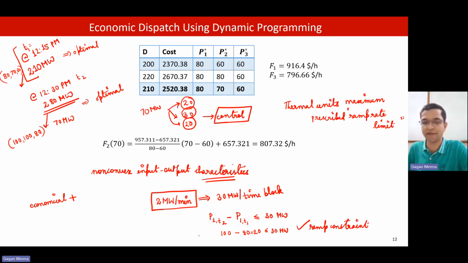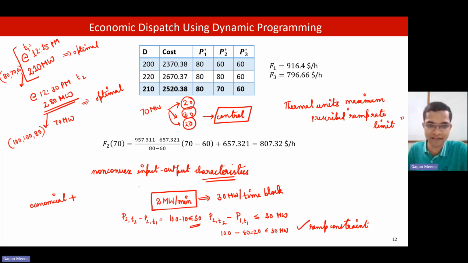Similarly, if we check the other two generators, P2 at T2 minus P2 at T1 is 100 minus 70, which is less than or equal to 30. It is exactly 30. Similarly, for P3 also it is satisfied.